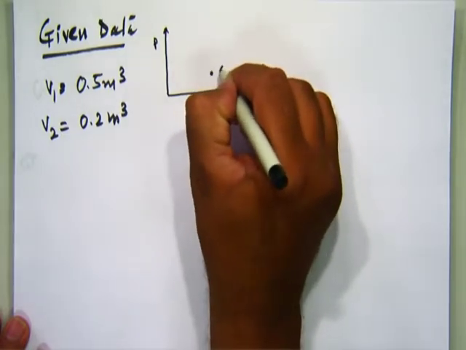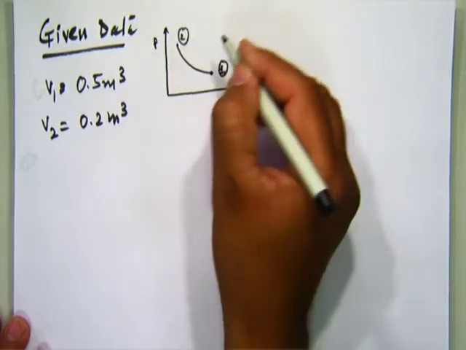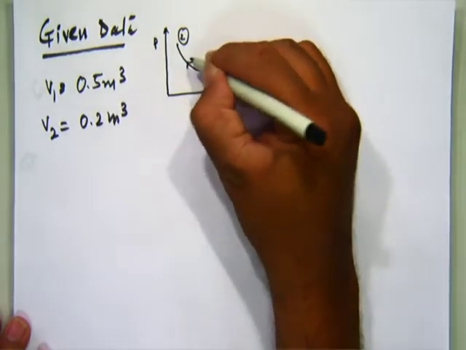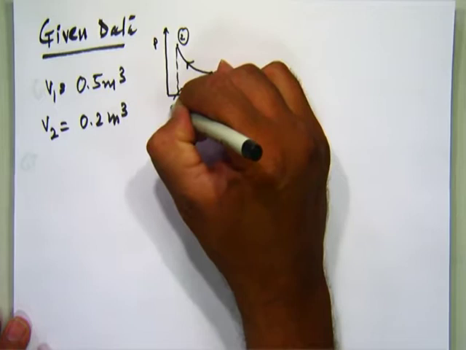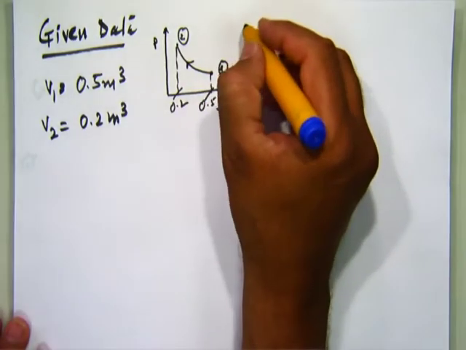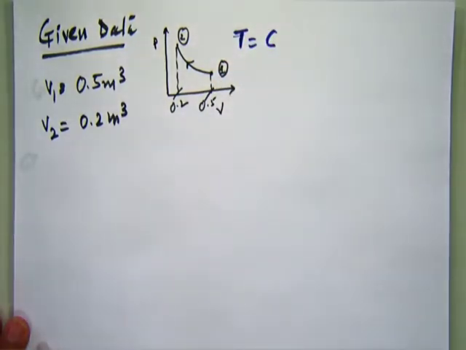At the beginning, the volume is V1, 0.5. At the end, it is 0.2 meter cube. So, it is a constant temperature process, isothermal process, at pressure 1 bar. The temperature is constant, it is given that temperature is constant.